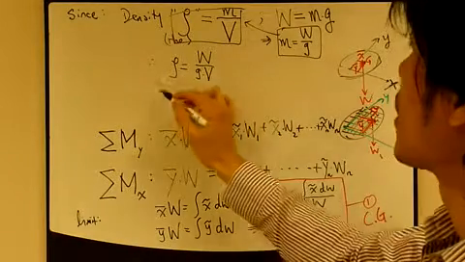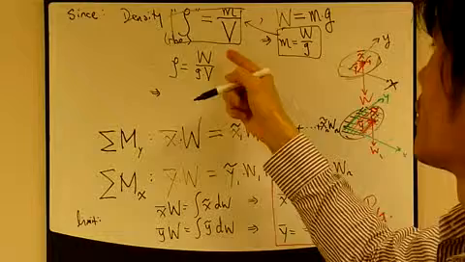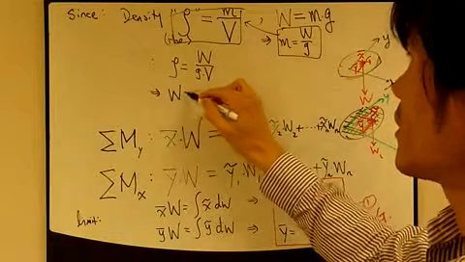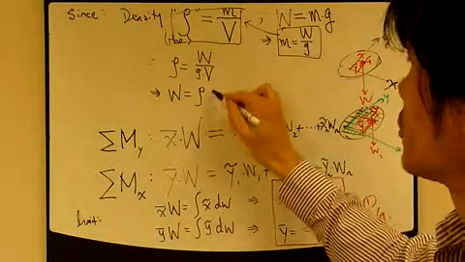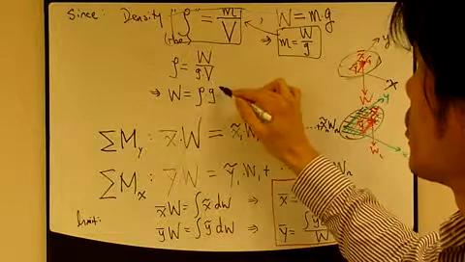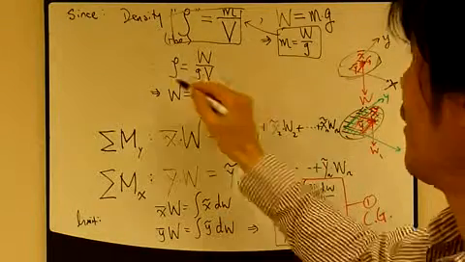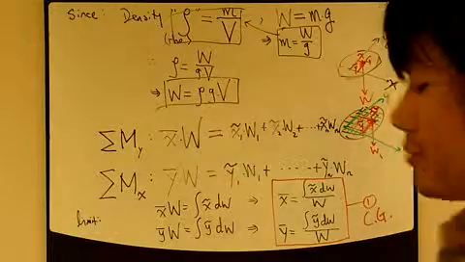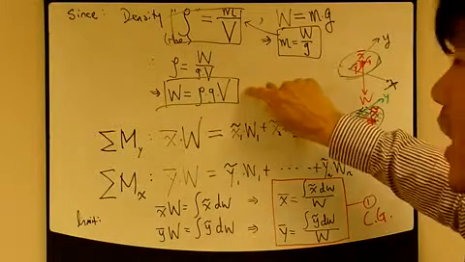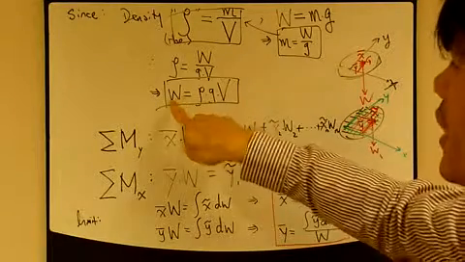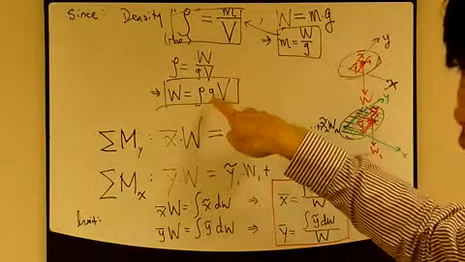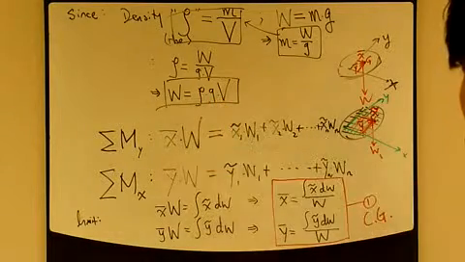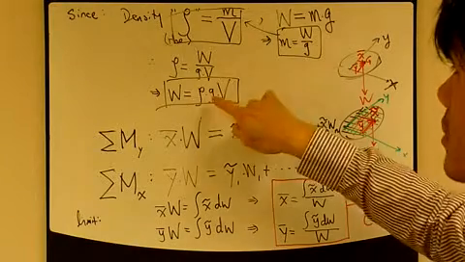Let's move things around a little bit. I can rewrite this as weight equals rho times g times volume. So now we have this relationship. Weight is related to density, the gravitational acceleration, which is a constant, 9.81 meters per second squared in SI units, and the volume.